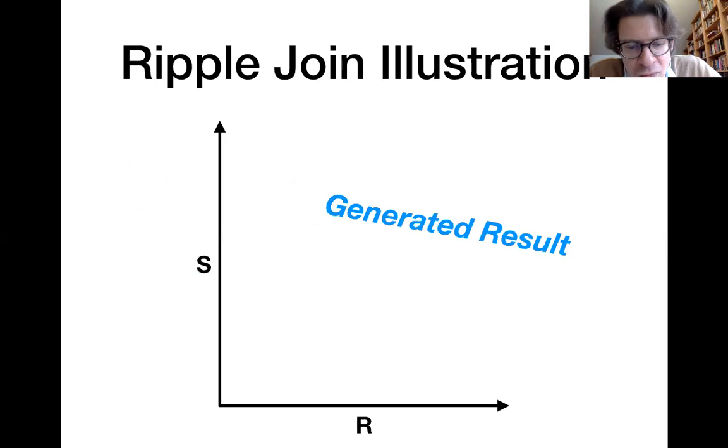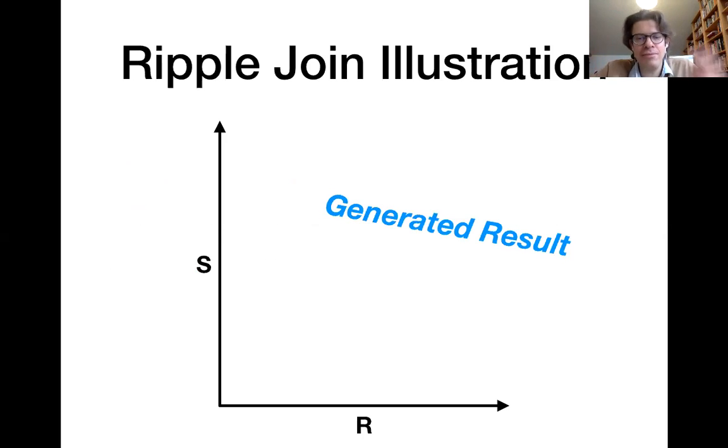So here we have an illustration of a ripple join between tables R and S. And here the plane essentially represents the part of the result that we have currently generated.